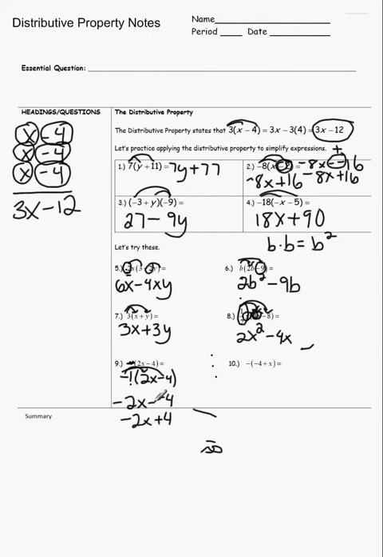Or we could say -1 times 2x is -2x, and -1 times -4 is +4, so we get +4. Either one works. All right, and number 10 is just like number 9. This negative out front we can look at as a -1 times -4 plus x. So -1 times -4 is 4. -1 times x is -1x, so we should have 4 minus x.